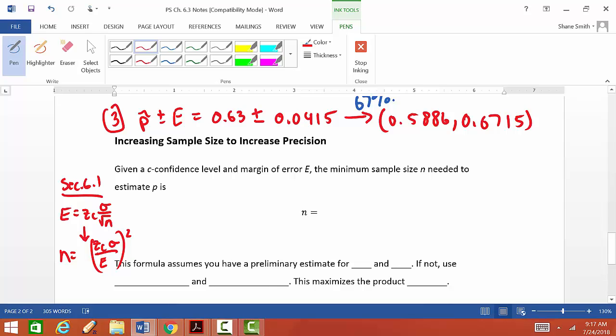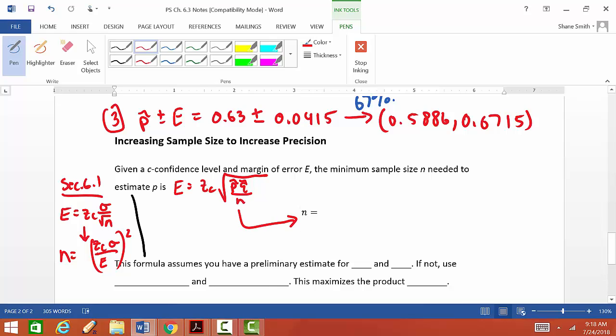And what we can do is we can do the same thing here. So we're going to take our margin of error formula, and we can solve this for n.